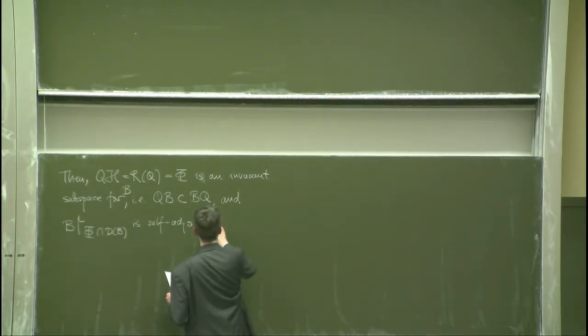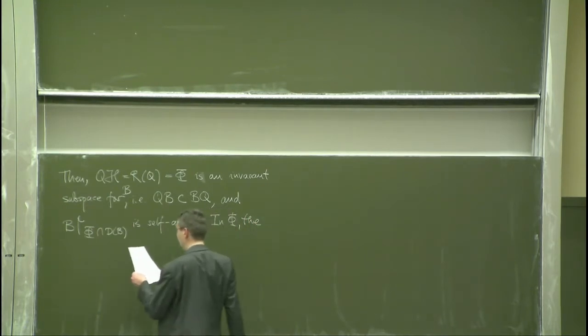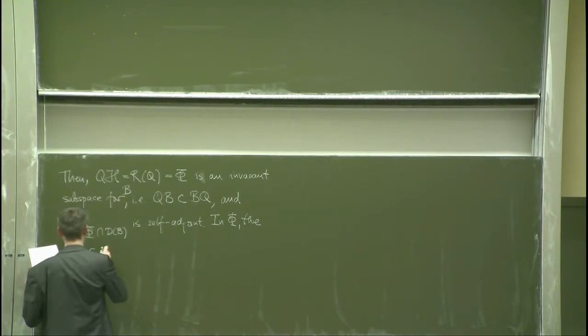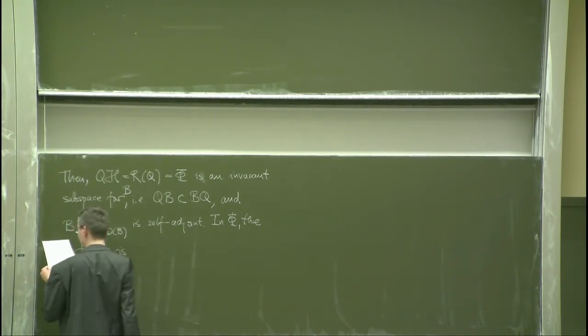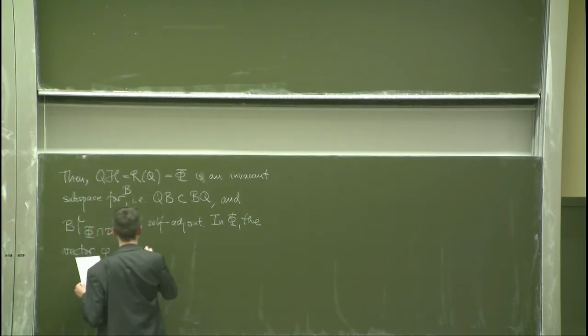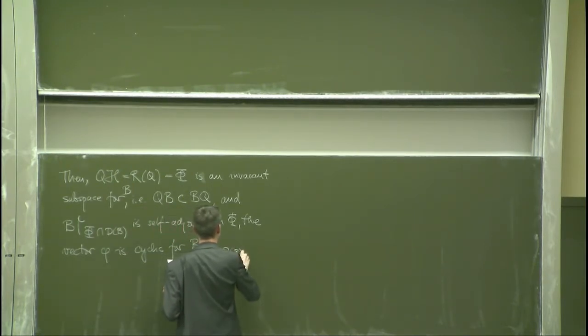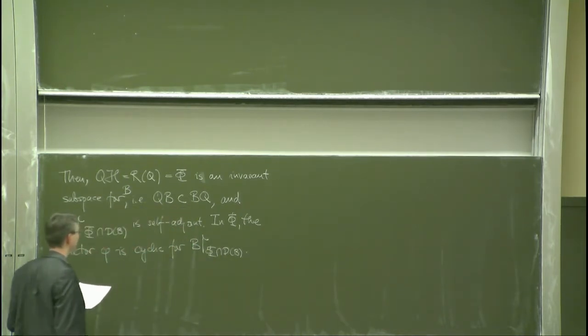Furthermore, in the space phi, simply from the definition, the vector phi is cyclic for B, restricted to phi in the intersection with the domain of B. This is also clear.